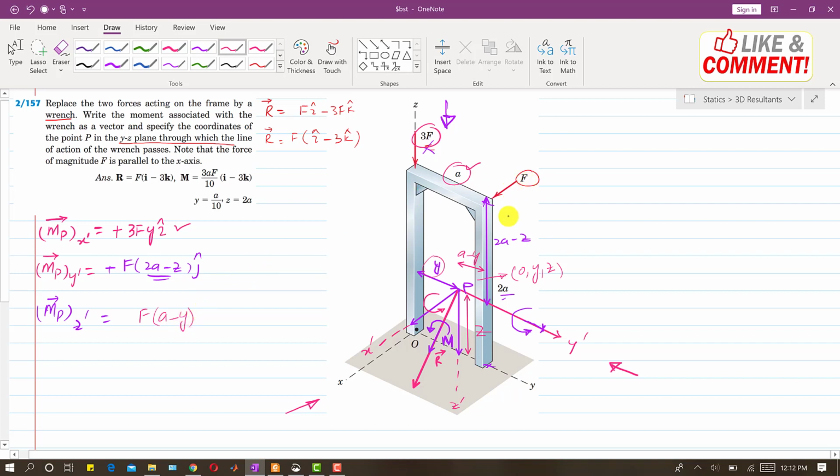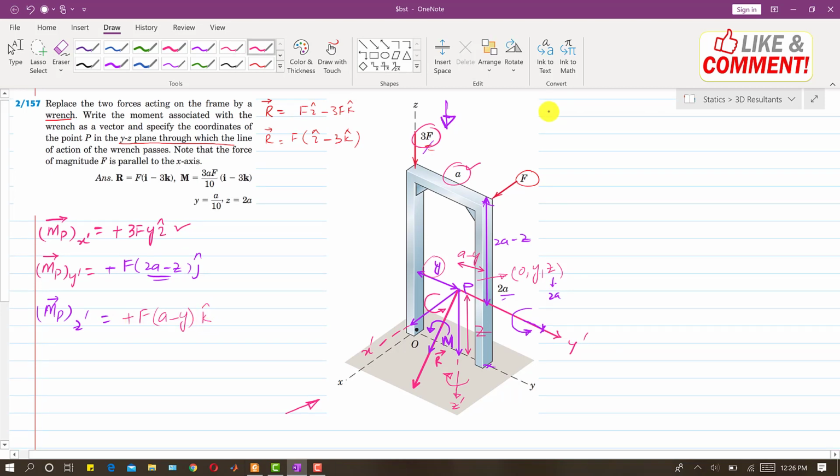And this force will produce the moment about z in this direction. If we curl our right hand fingers, the thumb will be in the positive z direction, so this will be plus k.